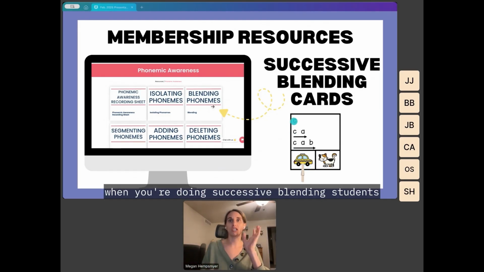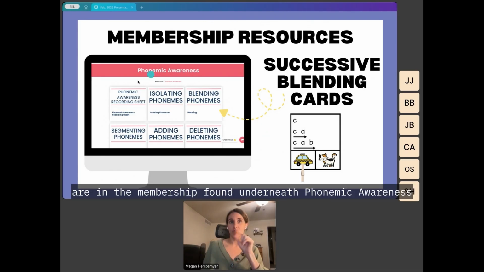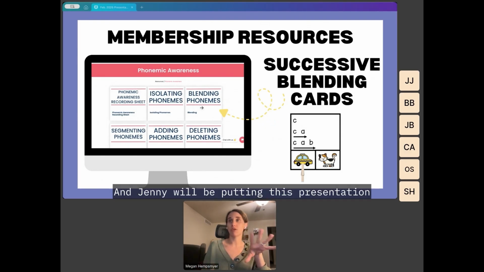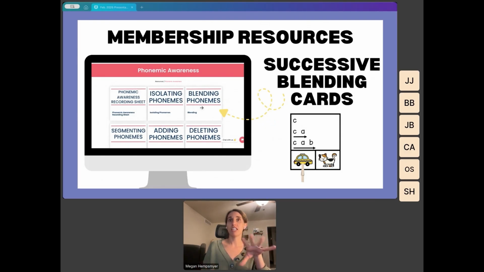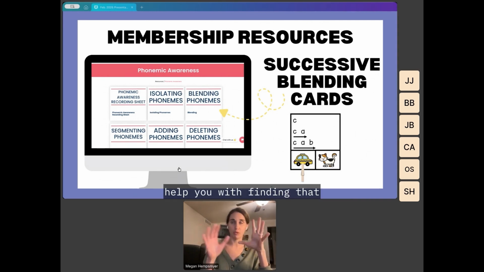So again, when you're doing successive blending, students are really focusing on taking those pieces and adding a step each time. So the CVC ones, again, are in the membership, found underneath phonemic awareness, underneath blending phonemes. And Jenny will be putting this presentation in the membership so that you have the screenshots available to help you with finding that.